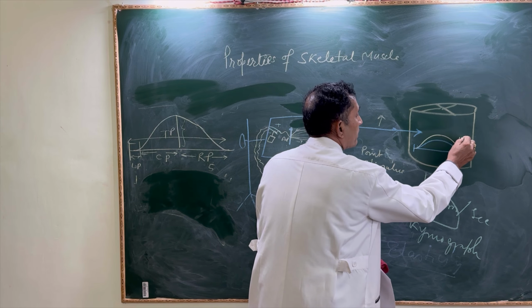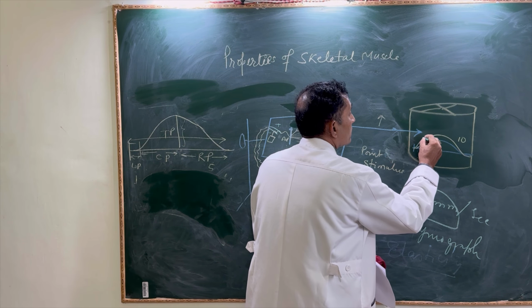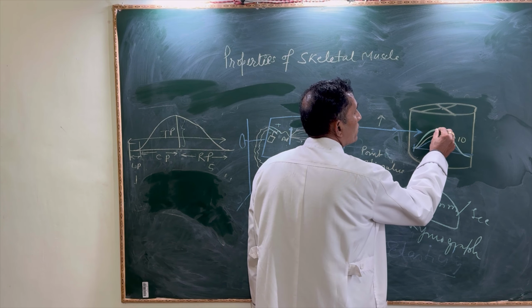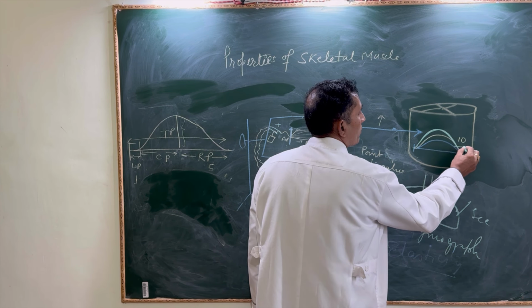Using 10 volt, then we can have the record using 15 volt. Then again, if you increase to 20 volt, you will have the same height of contraction. So this is 5 volt, this is 10 volt, this is 20 volt, again 25 volt, again 30 volt, again 35 volt. Try to understand what I am talking about.